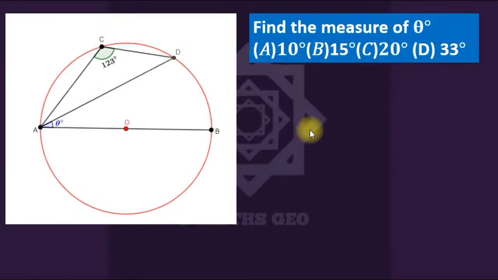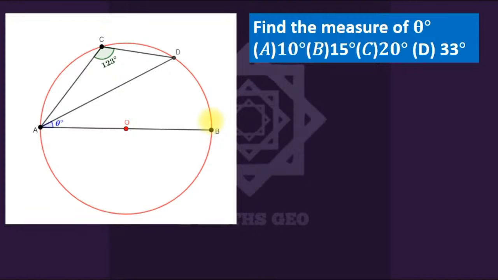We are asked to find the measure of theta. So we'll combine two theorems here. The first thing, I'm seeing a central angle here and a diameter. So what comes to our mind is Thales theorem.